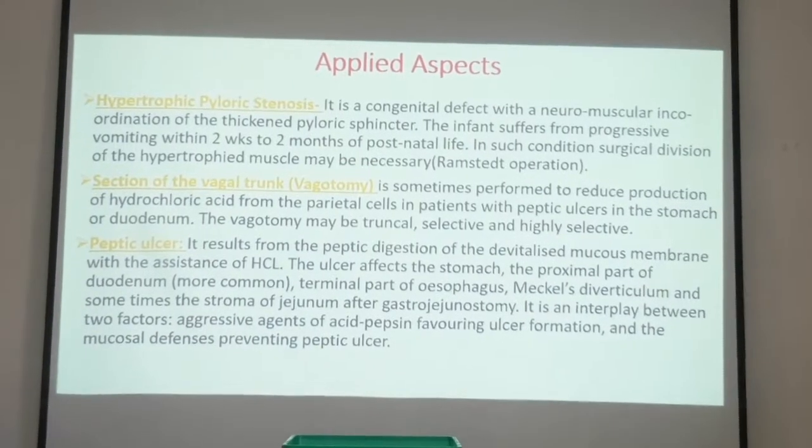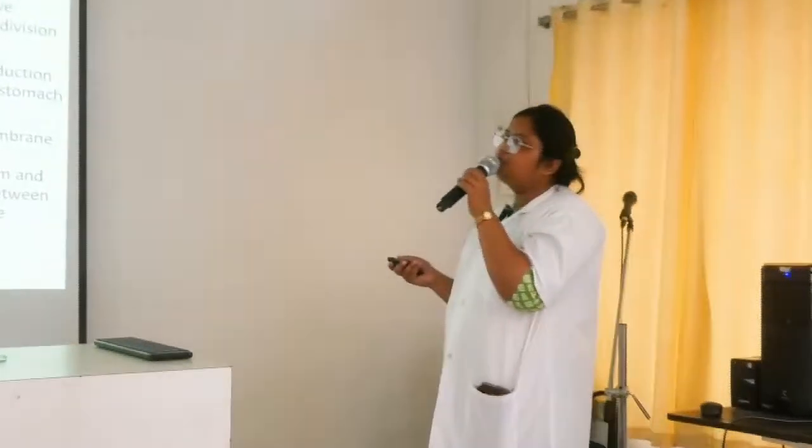The infant suffers from progressive vomiting within 2 weeks to 2 months of postnatal life. In such a condition, surgical division of the hypertrophied muscle may be necessary. Ramstedt operation is done to treat this condition, hypertrophic pyloric stenosis.